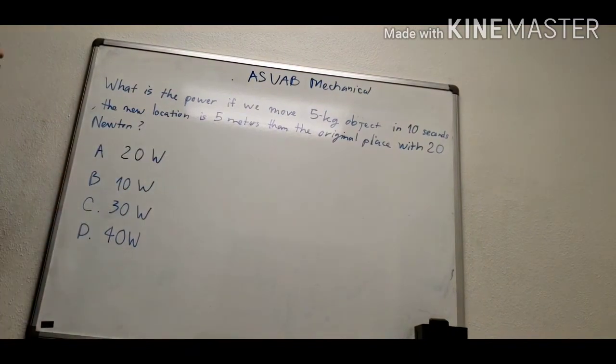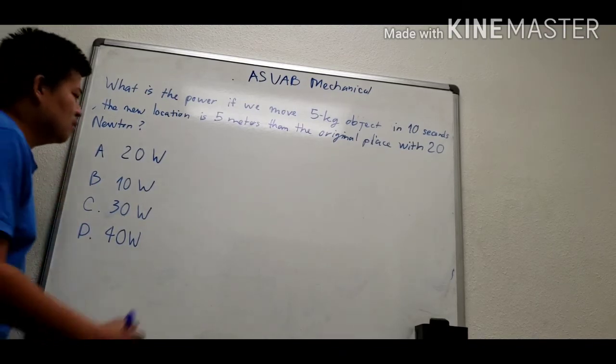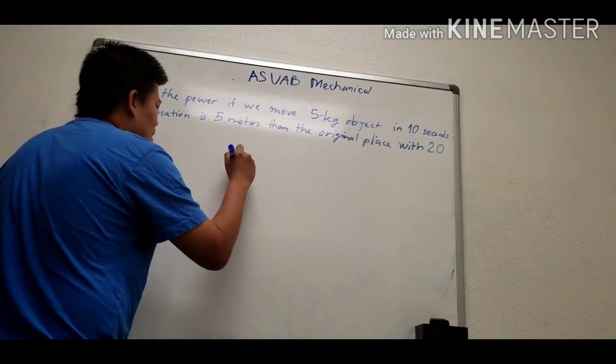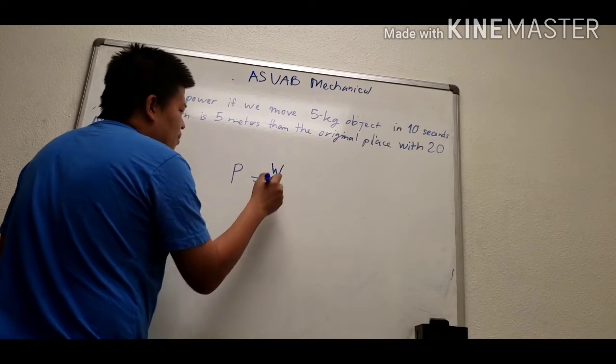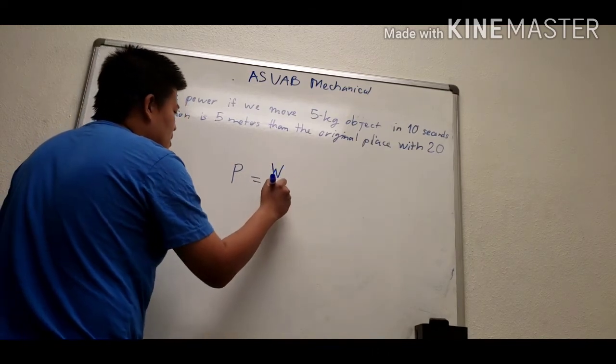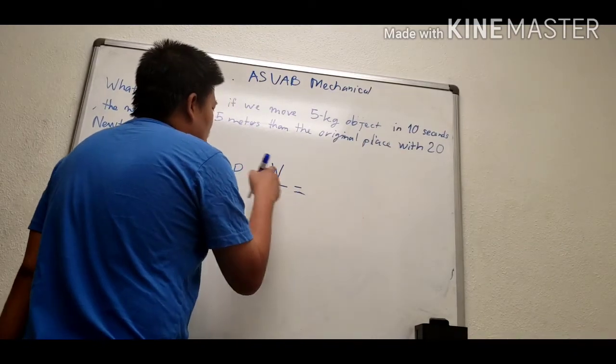What is the power if we move a 5 kg object in 10 seconds? The new location is 5 meters from the original place with 20 newtons. So we have A, B, C, D. So we apply the formula of power: P is W, the work, divided by T, the time.